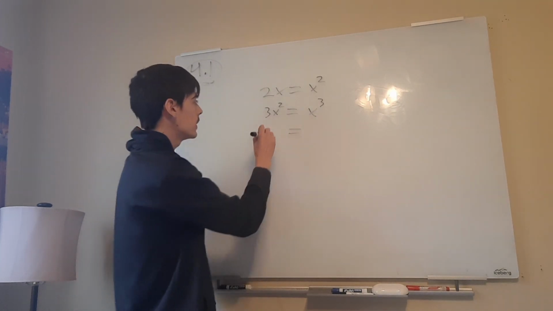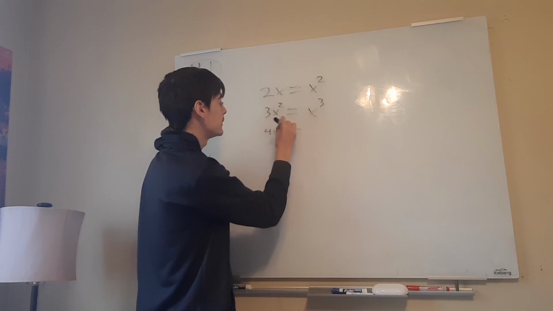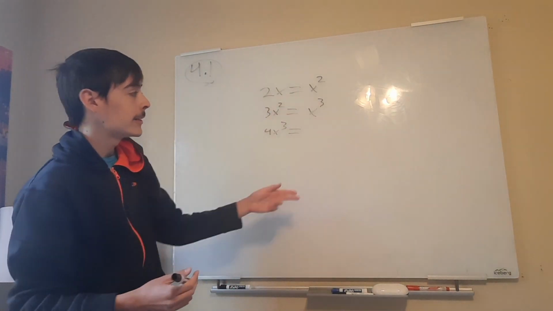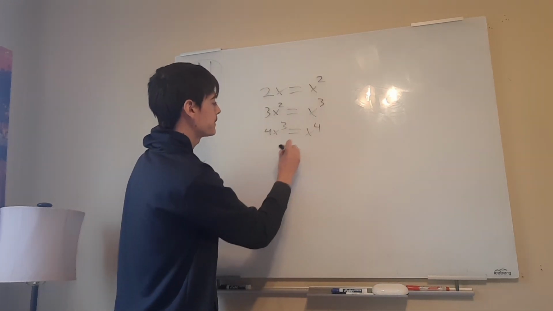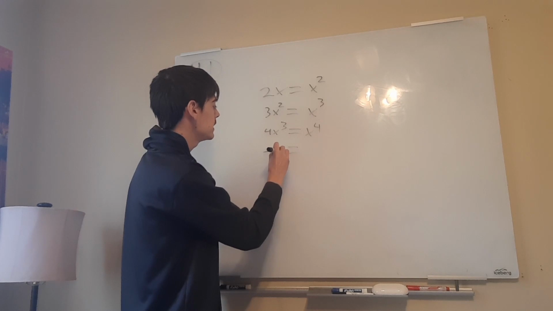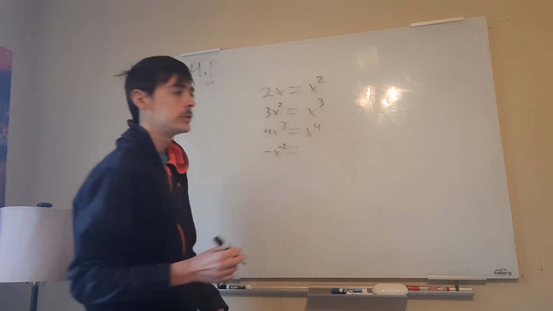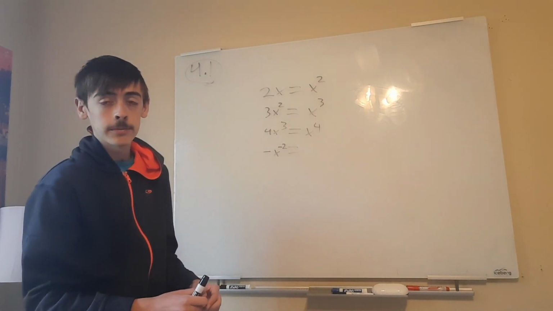So let's do another one. What would we need to differentiate to get 4x cubed? If you're starting to see a pattern, the answer will be x to the 4th. So let's do something a little bit different. What if we wanted to get negative x to the negative 2? What would we have to differentiate to get negative x to the negative 2 power?